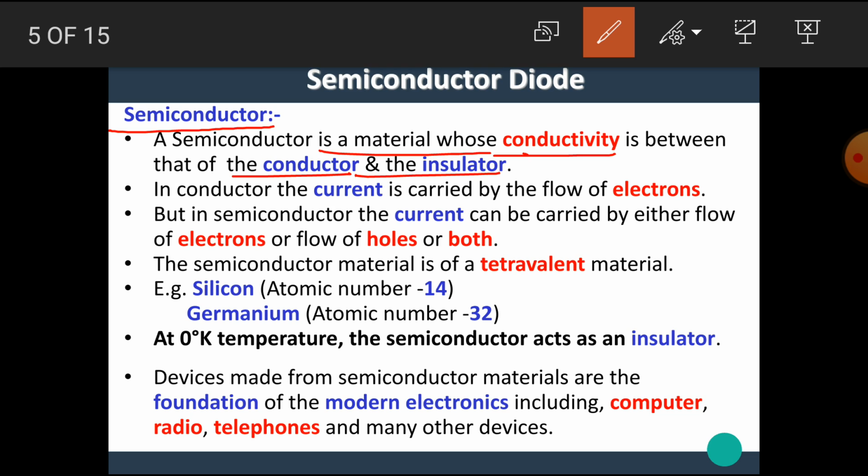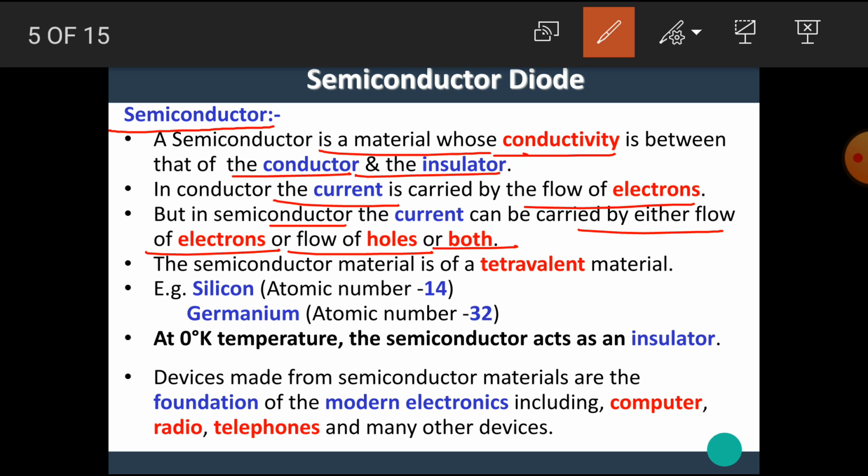That means the current carrying capacity of the semiconductor is less than the conductor and greater than the insulator. Next, in a conductor, the current is carried by the flow of electrons, while in a semiconductor, the current can be carried by either flow of electrons or flow of holes or by both.